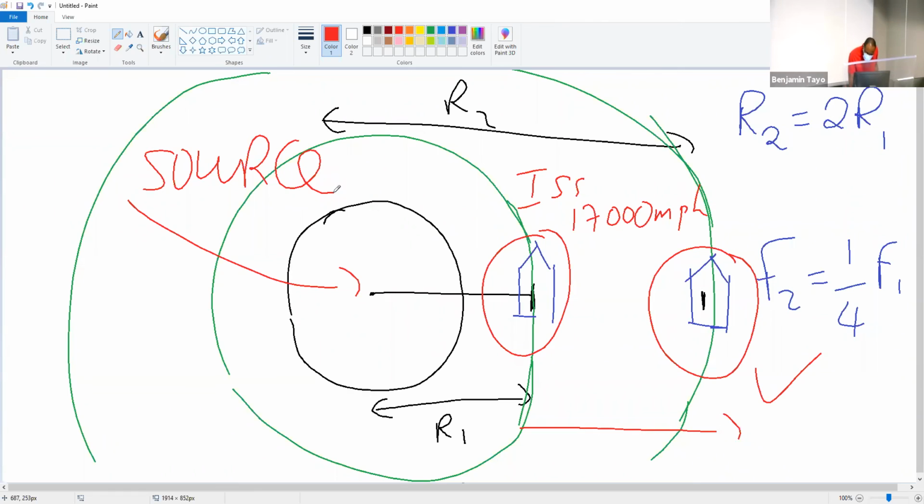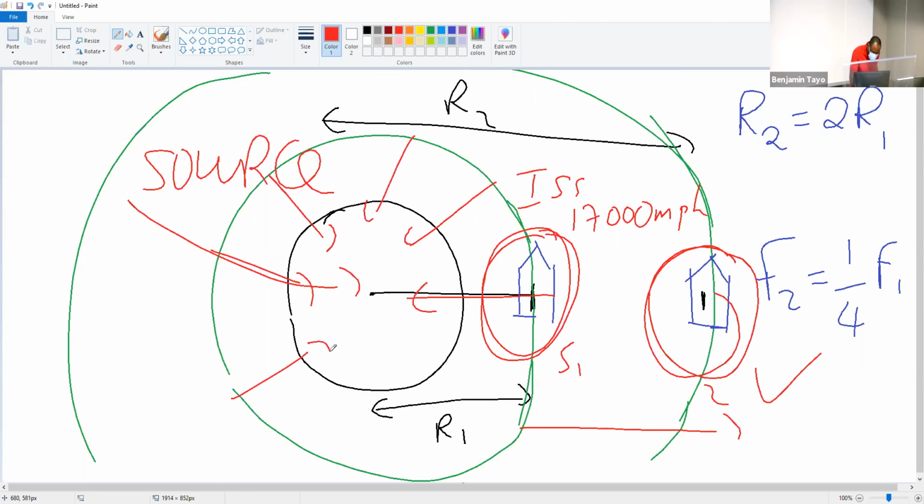And then these are the objects here, satellite number 1 and satellite number 2, the objects that are being pulled, experiencing the force of gravity. But the key point is that the strength always goes as 1 over distance squared.